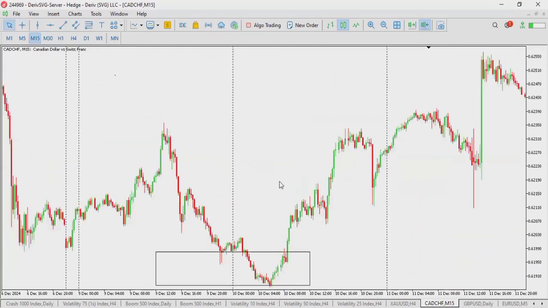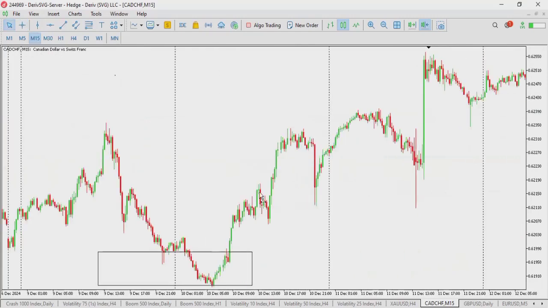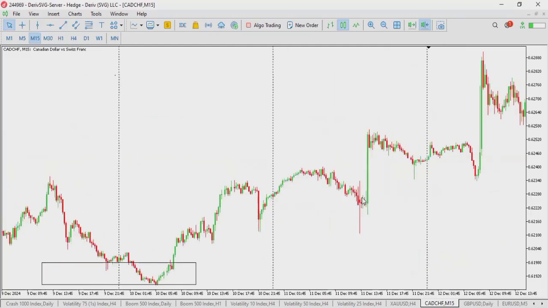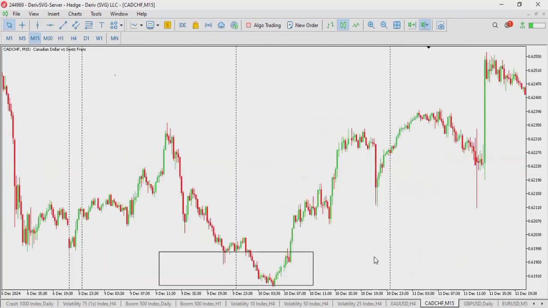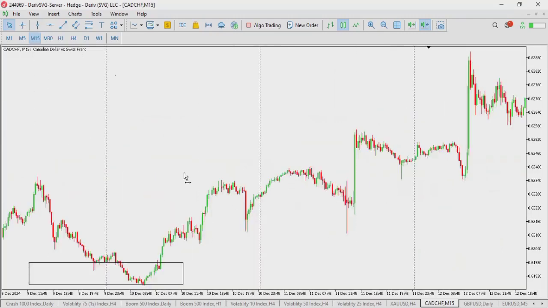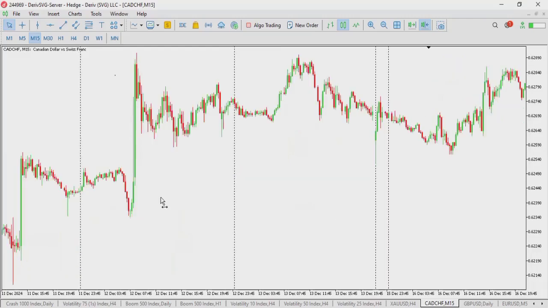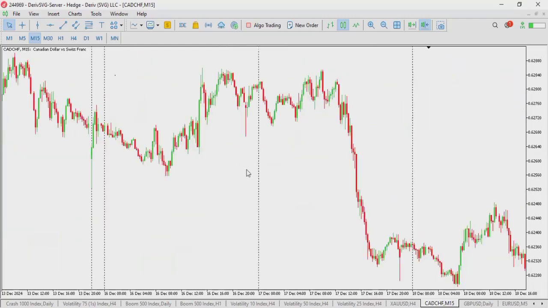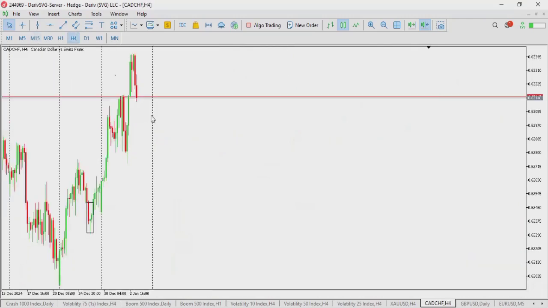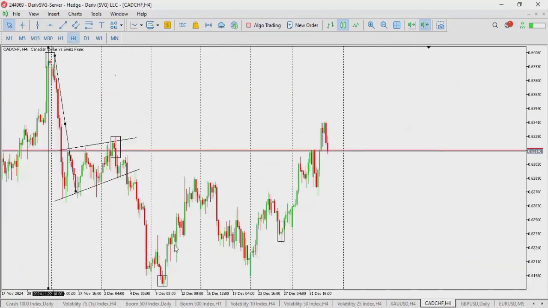Let's move away again and check out another one. This is for our bullish order block from what we marked. You see, the market moved away from there.